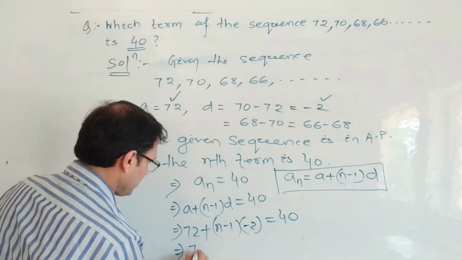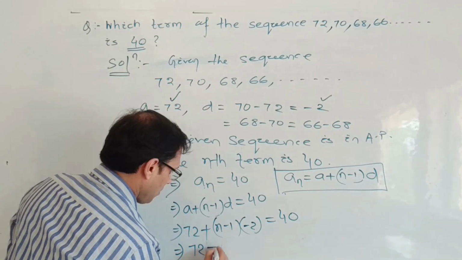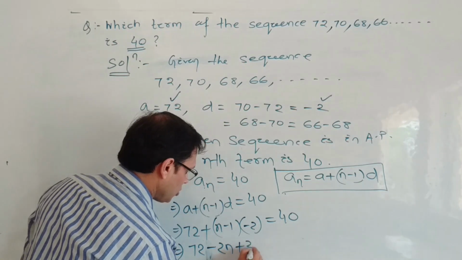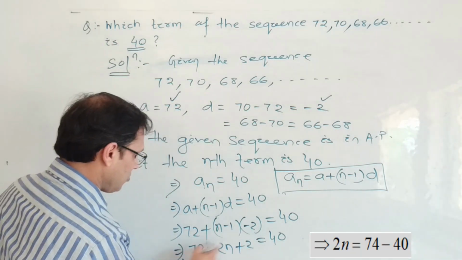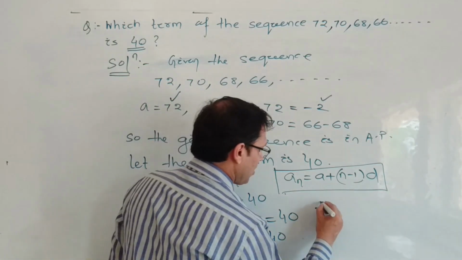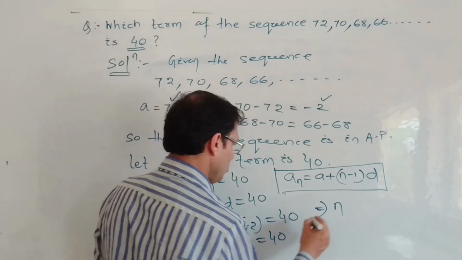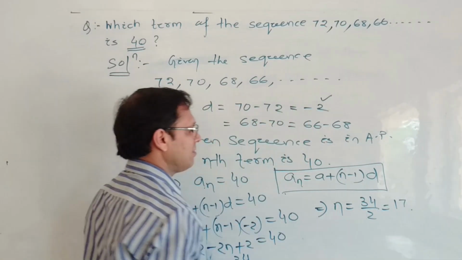Or in other words, 72 minus 2n plus 2 is equal to 40, or 2n is equal to 74 minus 40, that is 34, or in other words n is equal to 34 by 2 is equal to 17.